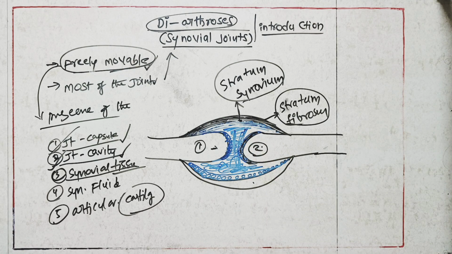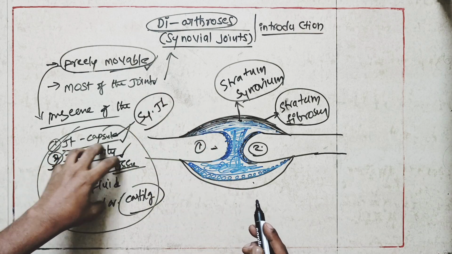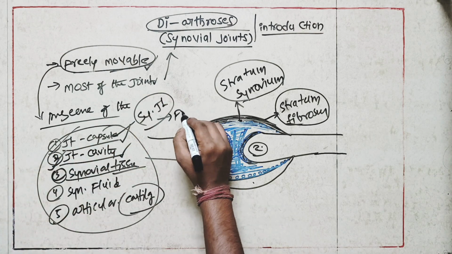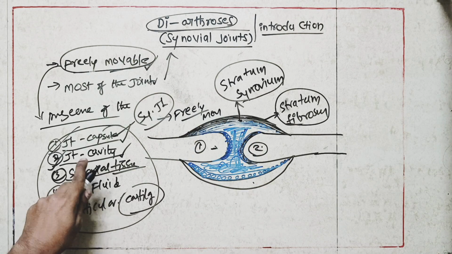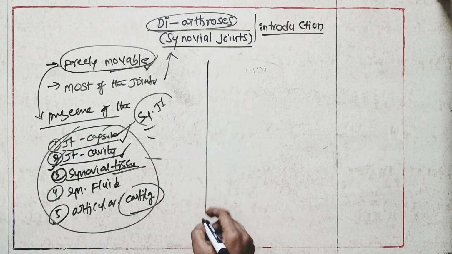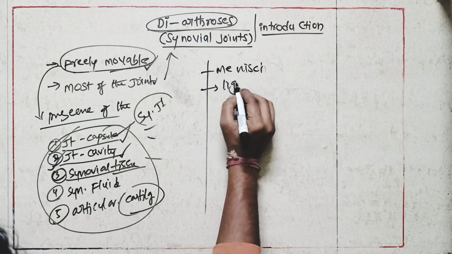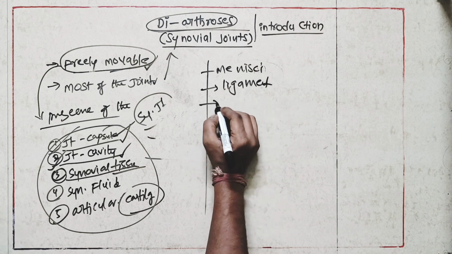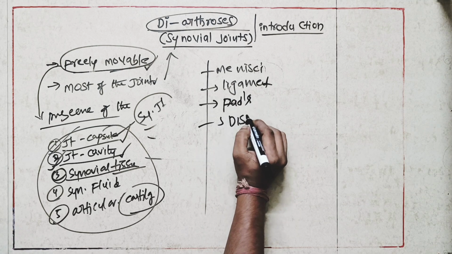So these are the key structures of the synovial joints. These are going to make the joint freely movable. Apart from these structures, in synovial joints we will have menisci, ligaments, pads, and discs.